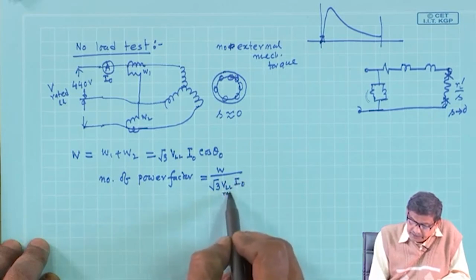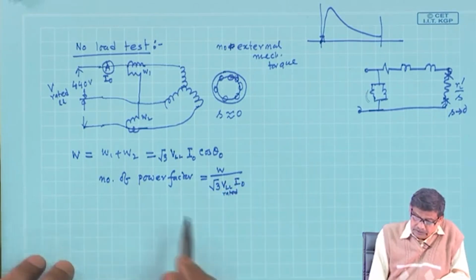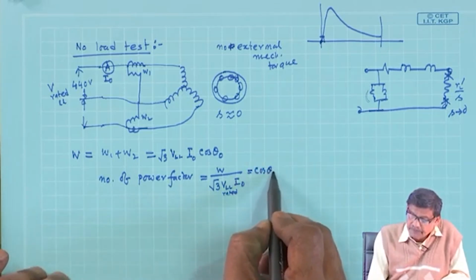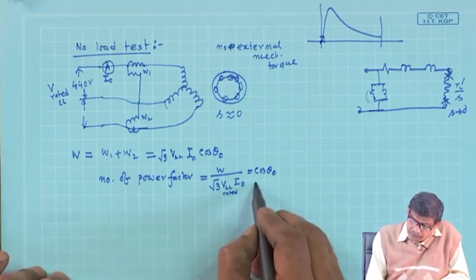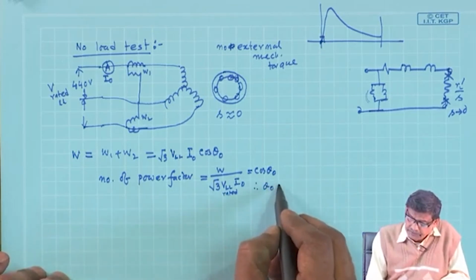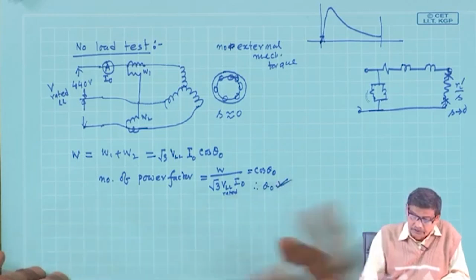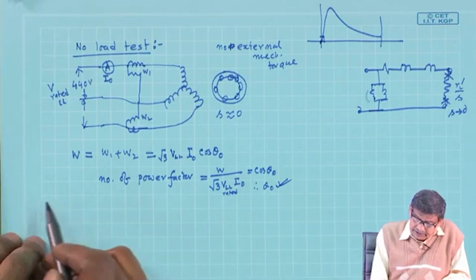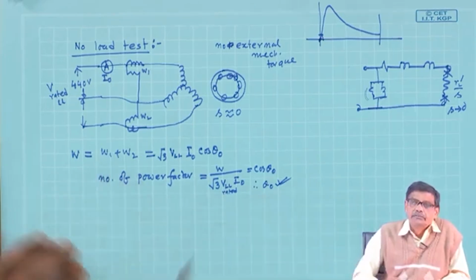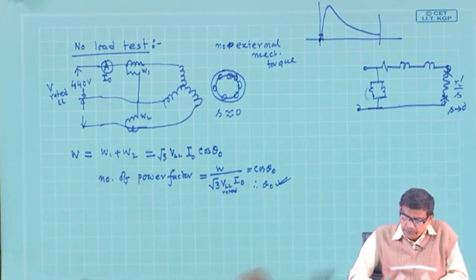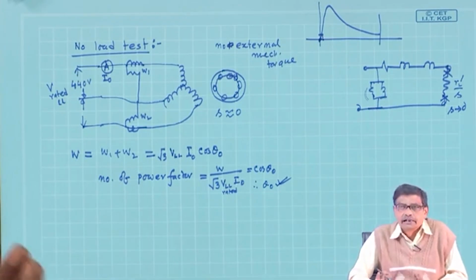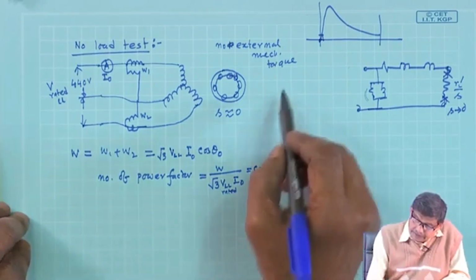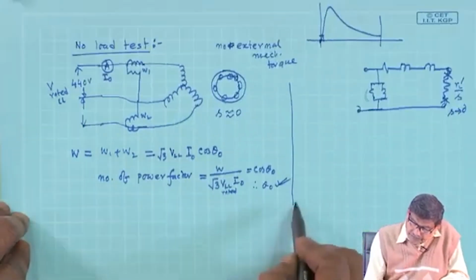VLL is the rated value. So, the no load power factor, that is cos theta naught, is known. Therefore, theta naught is known, cos inverse of that. This is the thing I will get from the no load test, and it will be of interest to me so far as the circle diagram is concerned. How, we will see. The next test is the block rotor test.